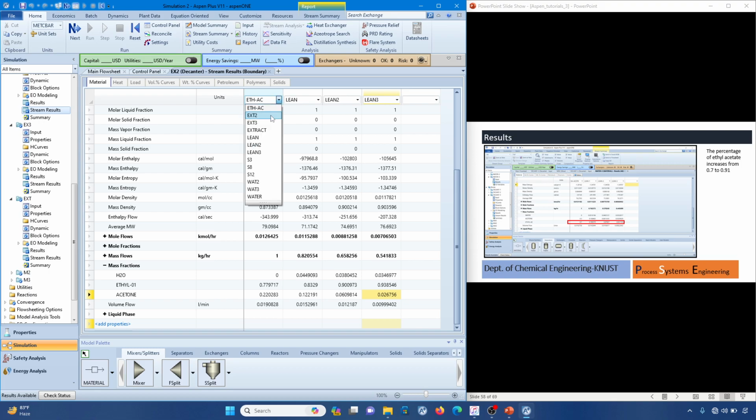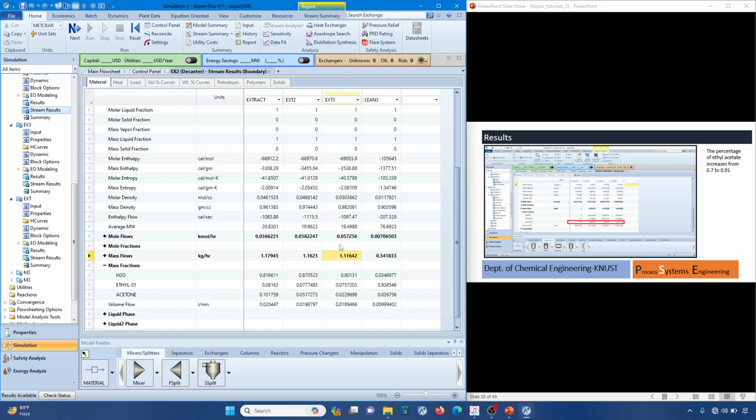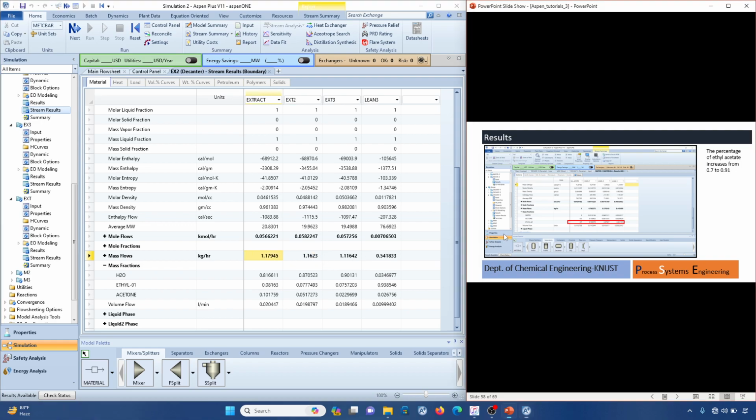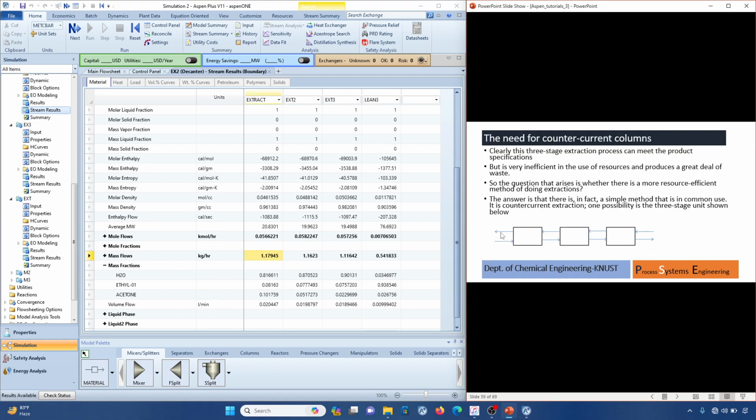And if we look at our extract streams, this is the total amount of waste generated from the process. So there are other ways of achieving the same thing, more resource efficient and better overall. And one of those is a countercurrent extraction.